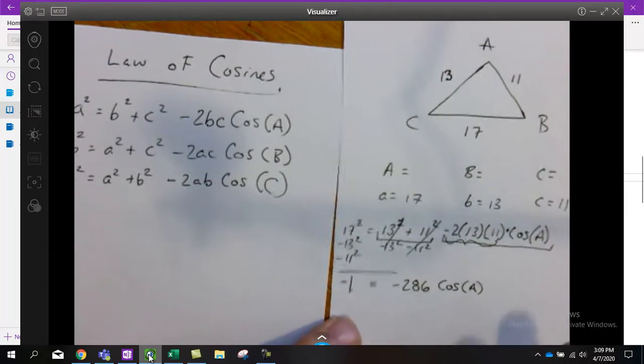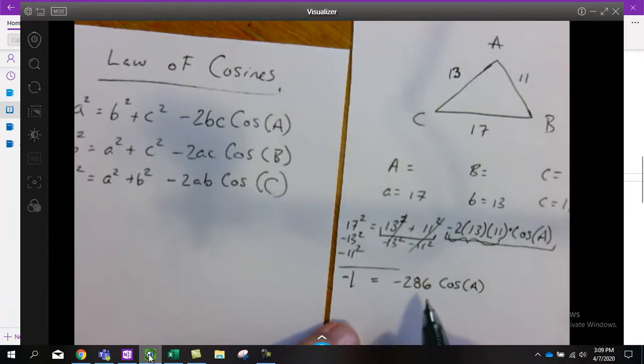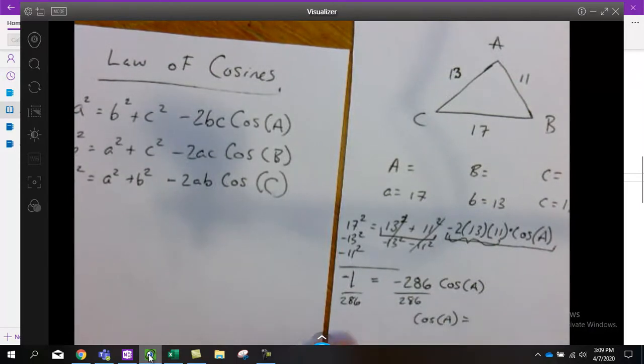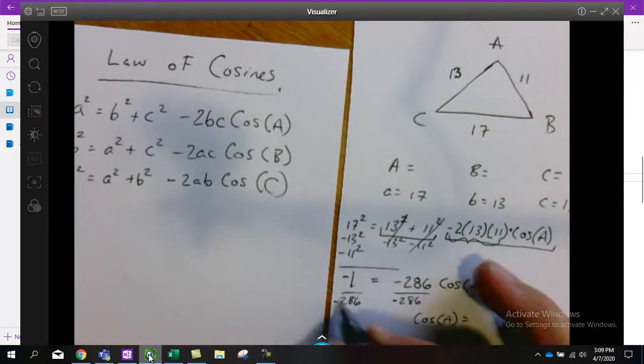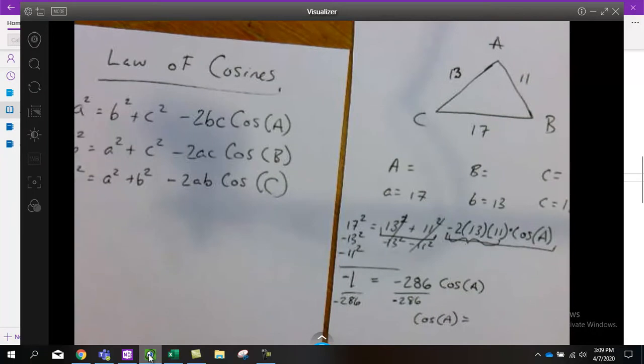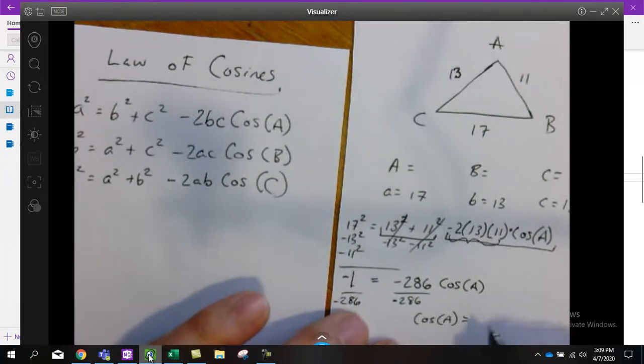Alright, so now we're going to divide. Cosine of A will equal negative 1 divided by negative 286, not bad. 1 divided by 286, 0.0035.